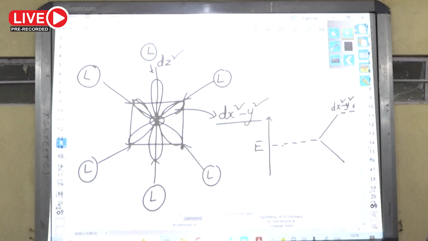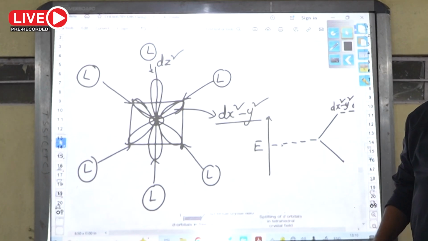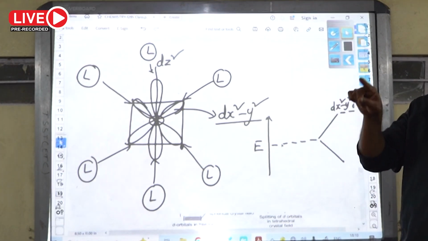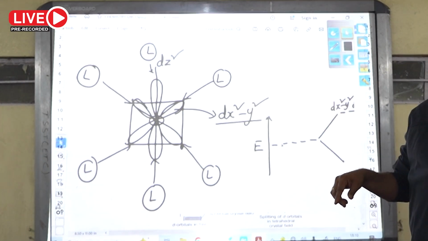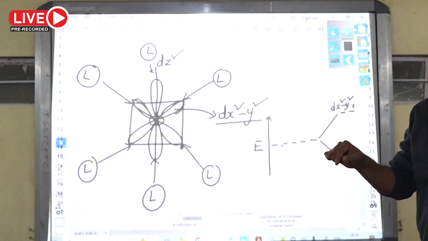In terms of directions, here the ligands approach from 6 directions, and 6 directions cause 1 unit splitting. In tetrahedral field, only 4 directions cause how much? Again 2/3.